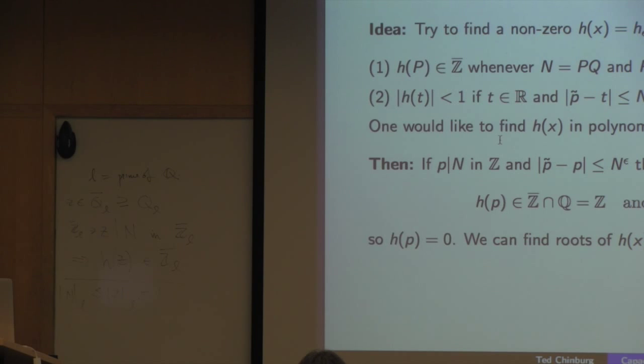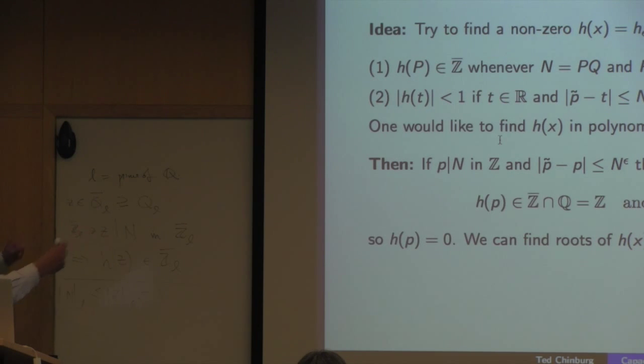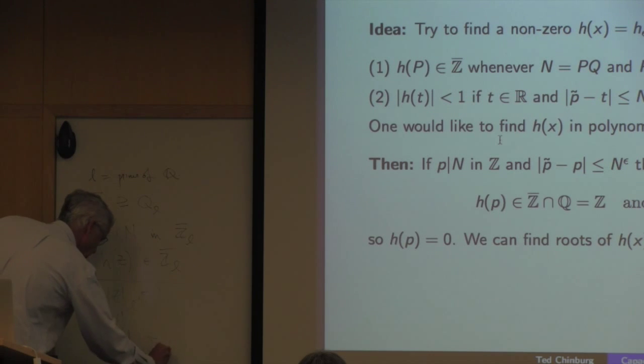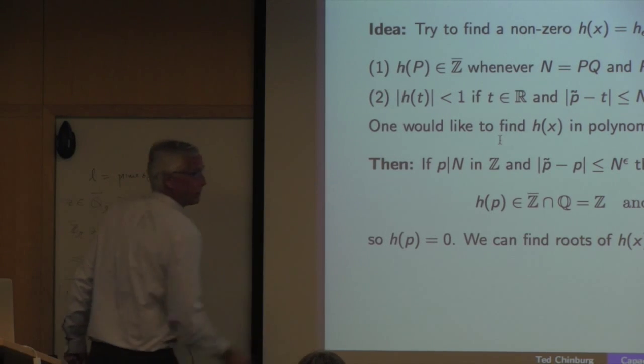And so another way to think about this is that you're looking for a rational function which has the property that on certain subsets of the algebraic closure of Q_L, the L-adic absolute value of this is less than or equal to 1. Well, the other condition is Archimedean.